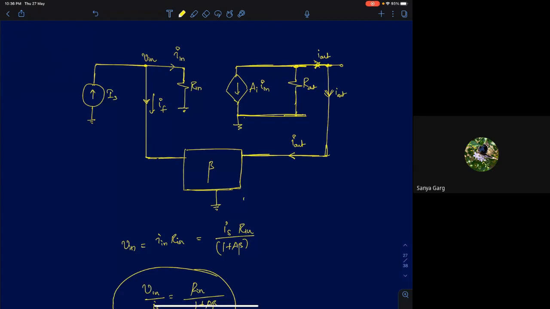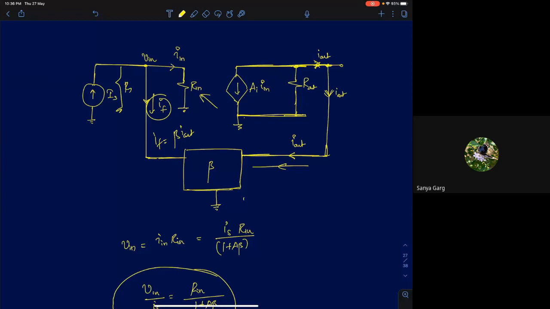So I've made the assumption that the entire output current flows here, and this feedback current IF is independent of Rin and the source resistance Rs. IF is simply given by beta times I out.